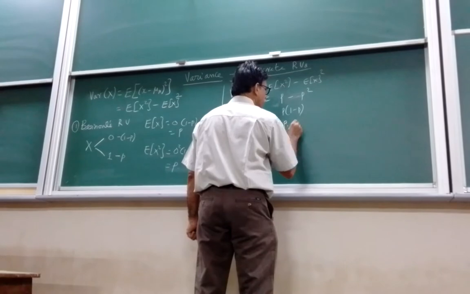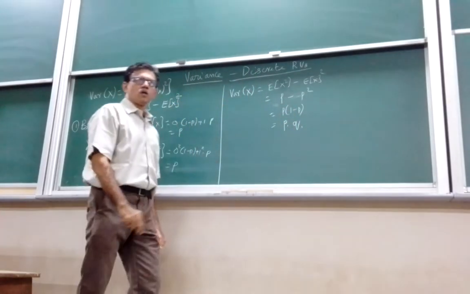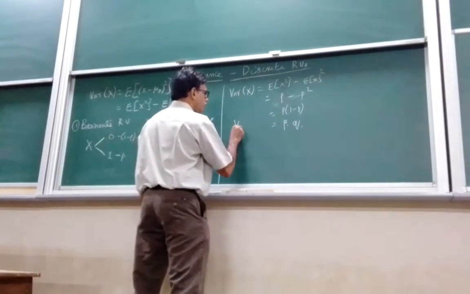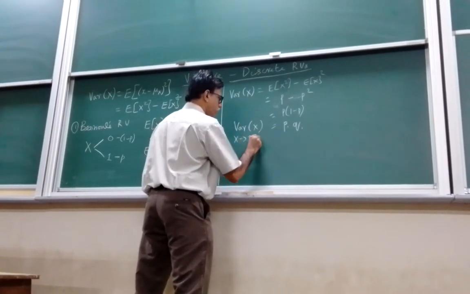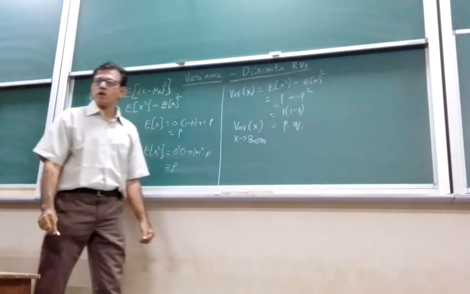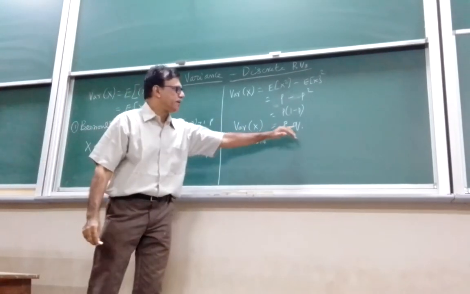So that we can write as p into q. So for the Bernoulli random variable, the variance is p into q.